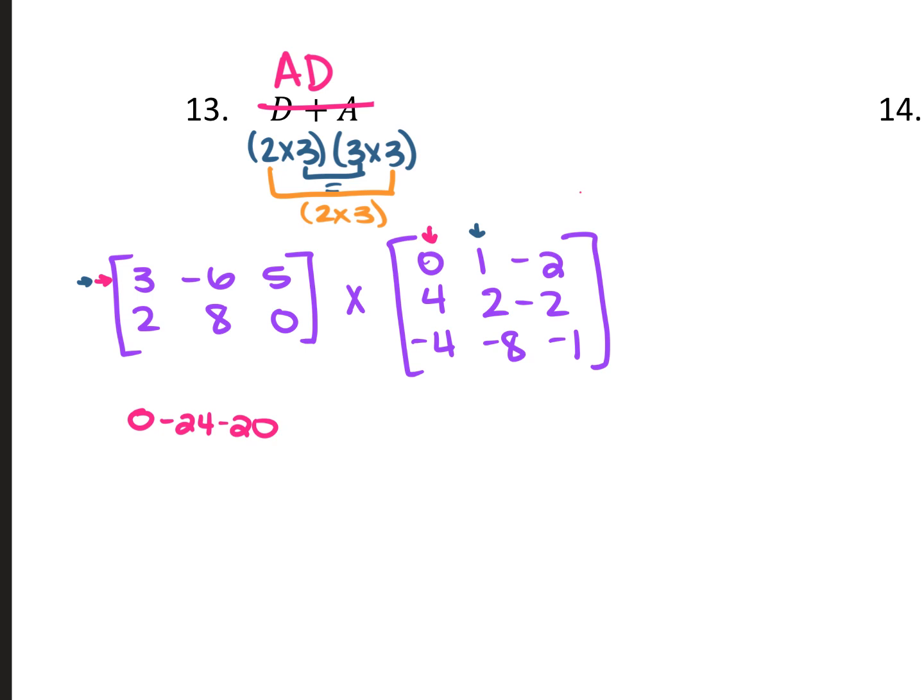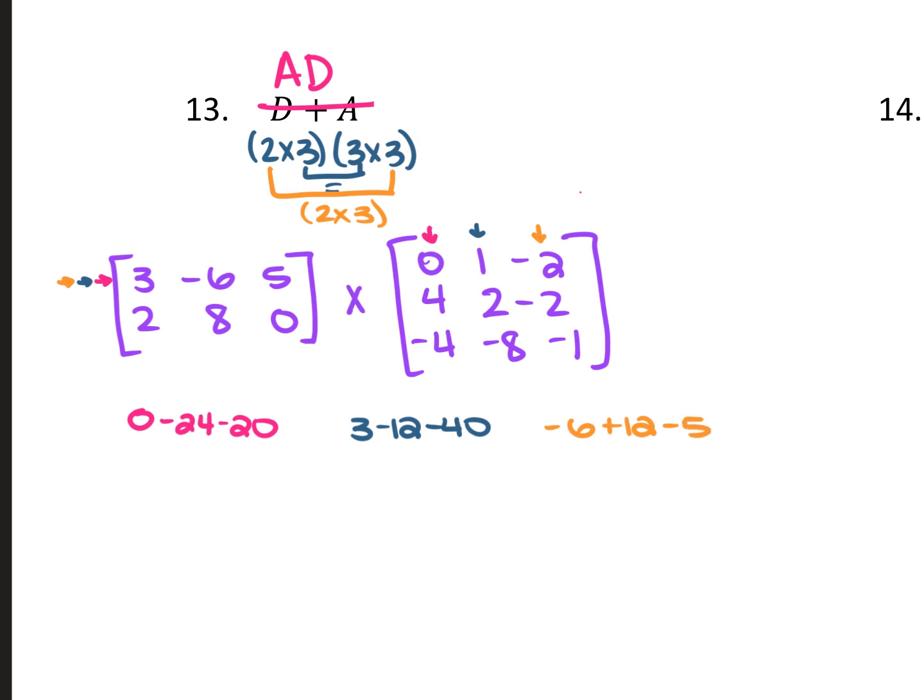So that's 3 times 1, which is 3. -6 times 2 is -12. 5 times -8 is -40. Next, first row, third column. So 3 times -2 is -6. -6 times -2 is +12. 5 times -1 is -5.